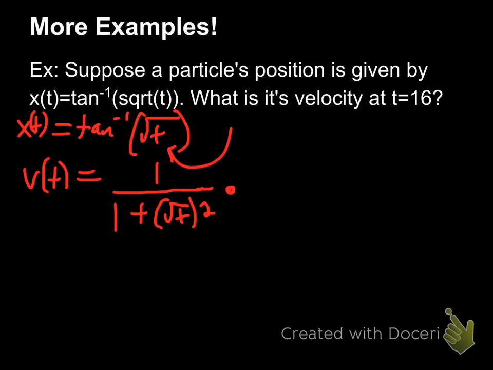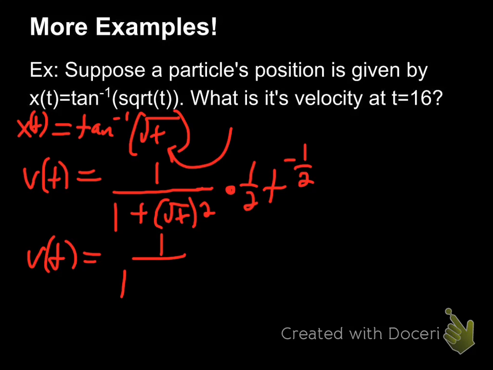What is the derivative of that? One half t to the negative one half. Make it look a little nicer. This is v of t then equals 1 over 1 plus t, times 1 over 2 square root of t. Is that okay?